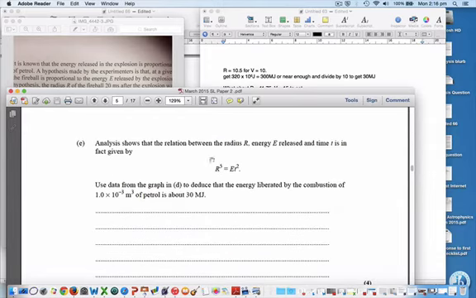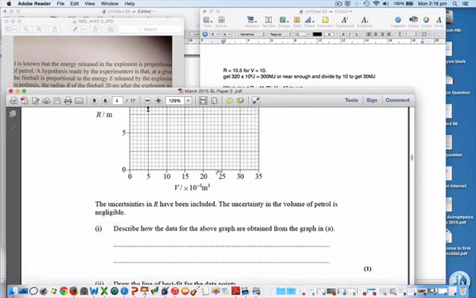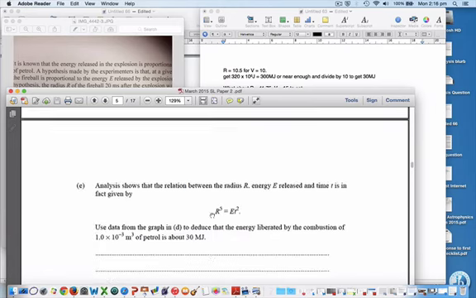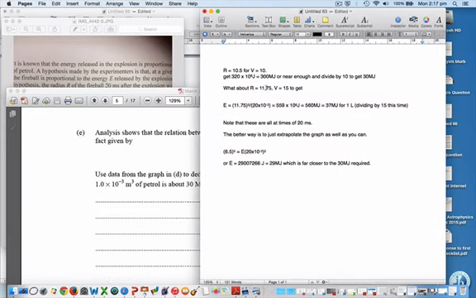So R equals 10.5. Now, all of the experiments in that graph D are done at 20 milliseconds. So that's how we know that our T in this equation equals 20 times 10 to the power of minus 3.